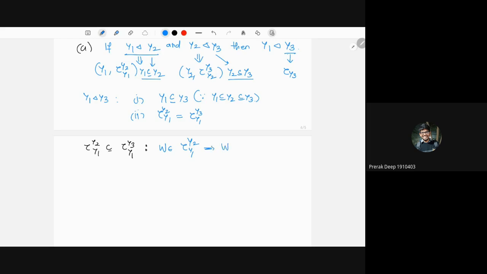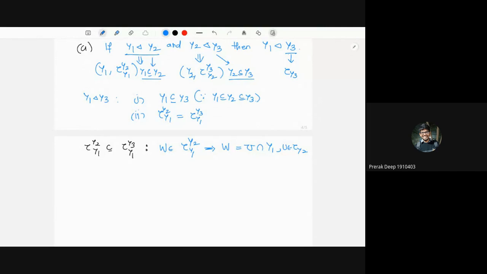This means that W has to be equal to some U intersection Y1, where U is in tau_Y2.